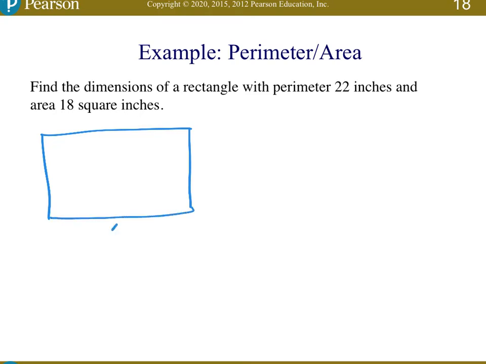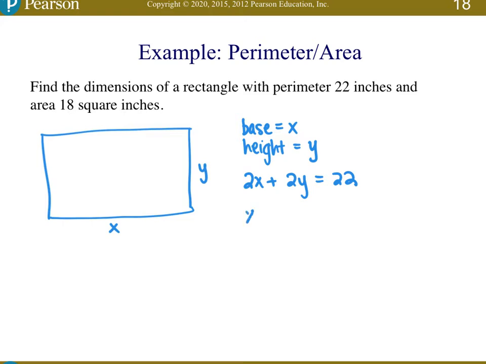And I just usually call my base x and my height y. And I know the perimeter is 22, so that means 2x plus 2y equals 22. And I know the area is 18, so x times y equals 18.